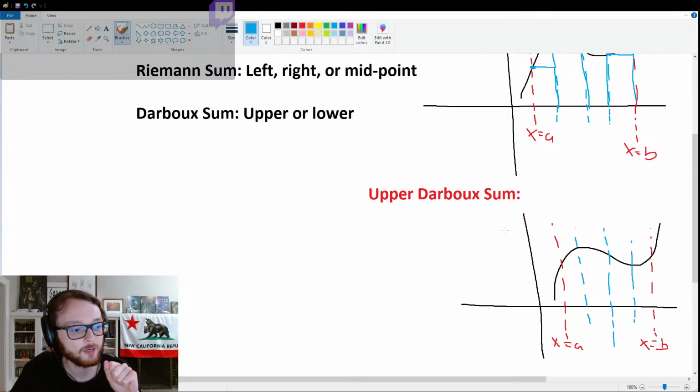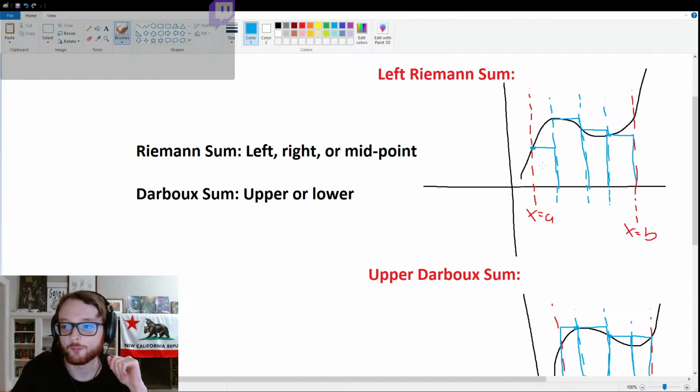This time, instead of always taking the left-hand side of each interval, we take the supremum, I always pronounce that wrong. So whatever the highest point in this interval is, we take that. So here, it's going to happen to be the right side. Here, it's probably going to be the left side. But whatever the highest point of the function is here. We'll do the left side. And in this last interval, we'll do the right side. And that's how you make your choice of interval each time, whatever your highest value is, and it guarantees you an overestimate.